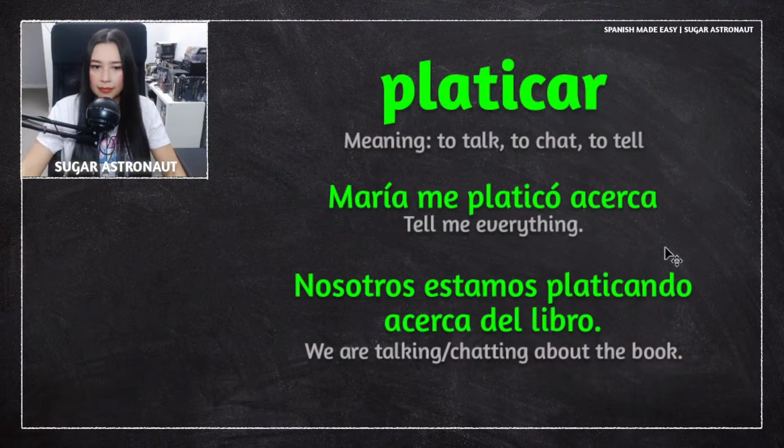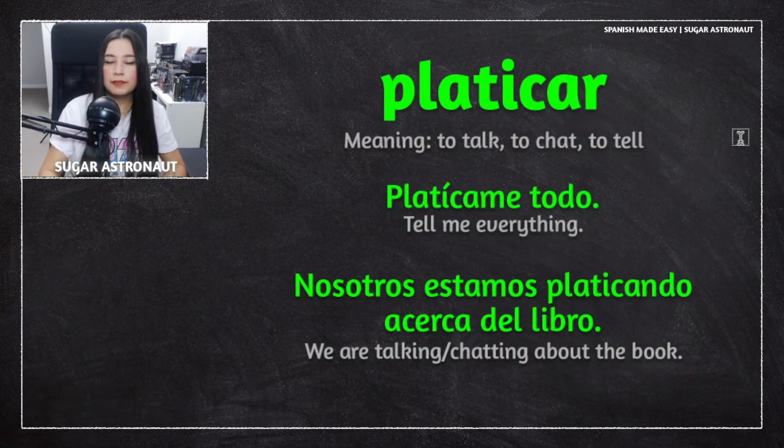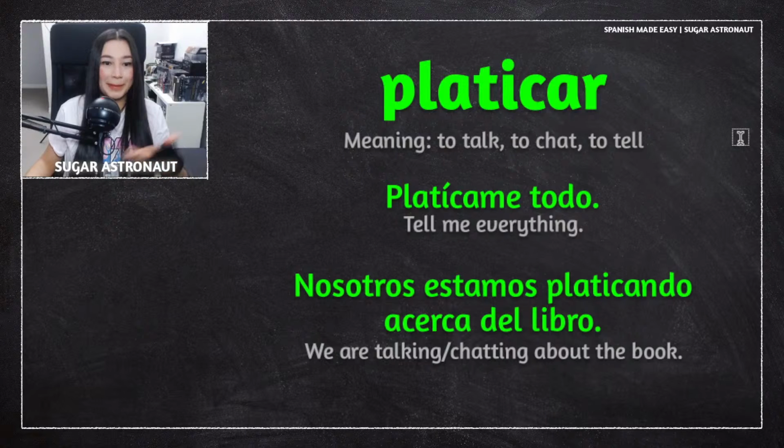Before I had an example that means to tell, tell me everything, platícame todo. But if someone is telling you or told you about something, you can use the verb platicar as well, okay? So she told me this. But it's used in situations when it's like, I heard that this happened. It's more like gossipy, okay? When you use this verb platicar.